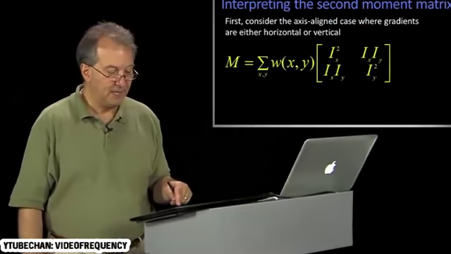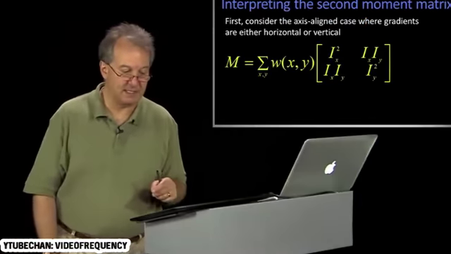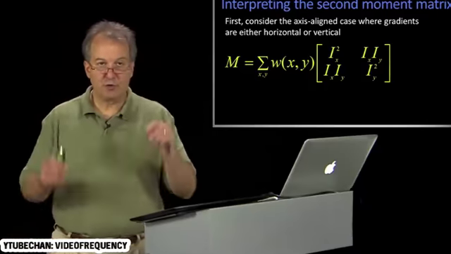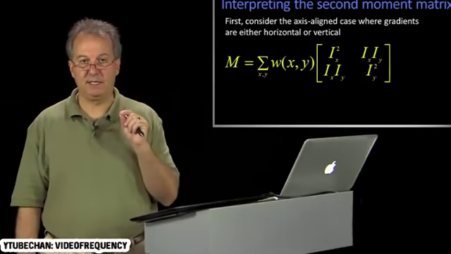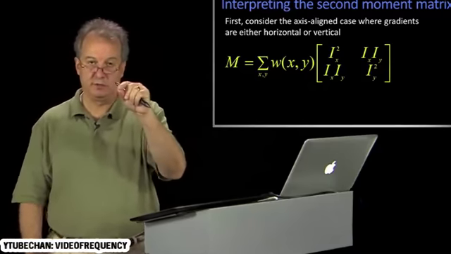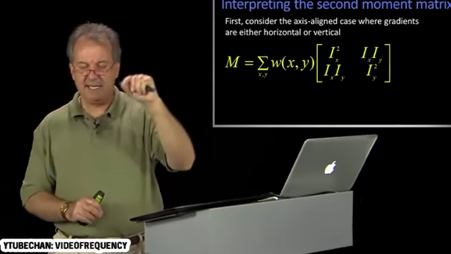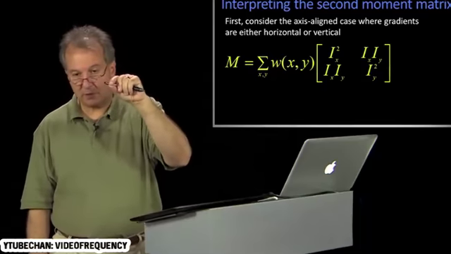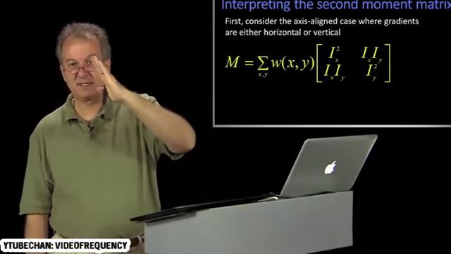Let's first consider the case where the gradient at every point in the window, not in the image, is either horizontal or vertical. So at each point it could be horizontal or it could be vertical, but it's not going to be slanted.